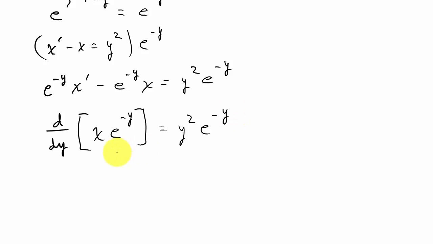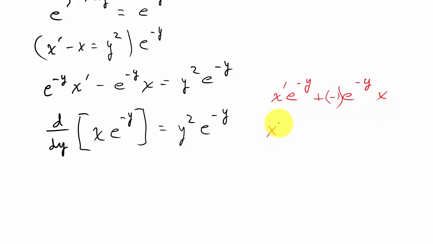Alright, and you can see that if we take the derivative of this, that would be the product rule. So it's the derivative of this term, which is x prime times the second term, e to the -y, plus the derivative of the second term, which is e to the -y times the derivative of the exponent, so times -1, times the first function.